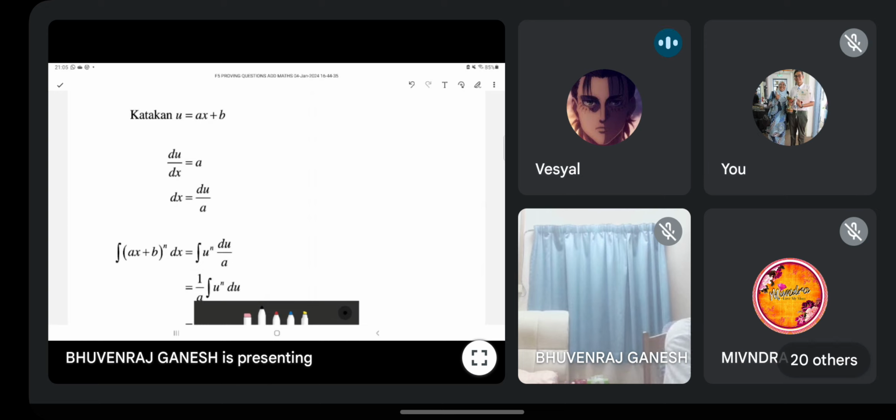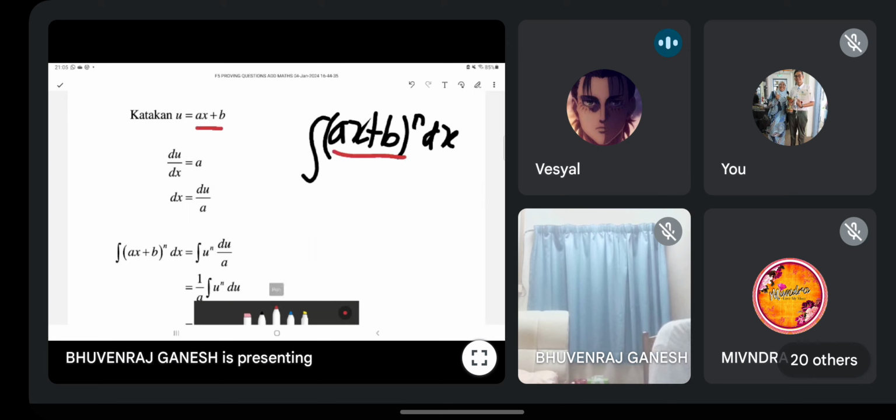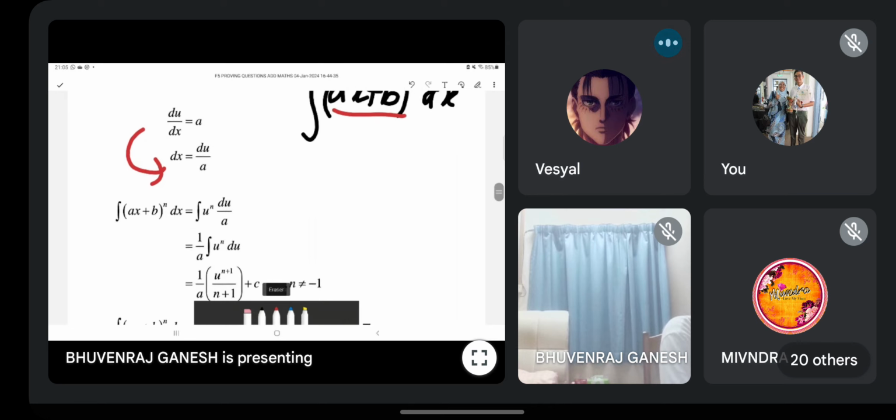So let's make it simpler and use u as the variable or the placeholder to replace ax plus b. The next step is we're going to differentiate u in terms of x. So du over dx will equal a. And then we can rearrange the terms so we get dx equals du over a. That's our first step.